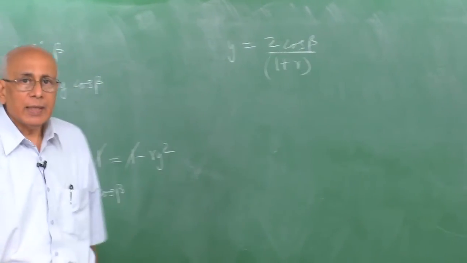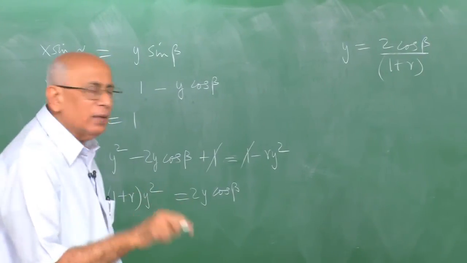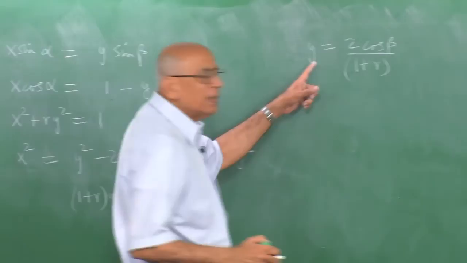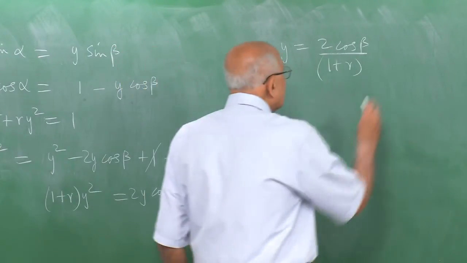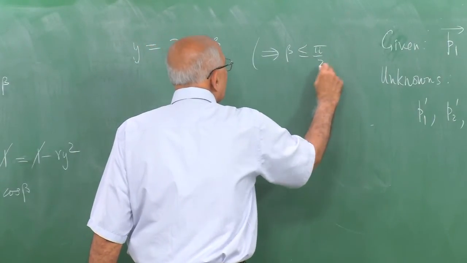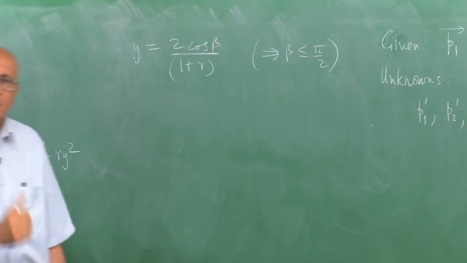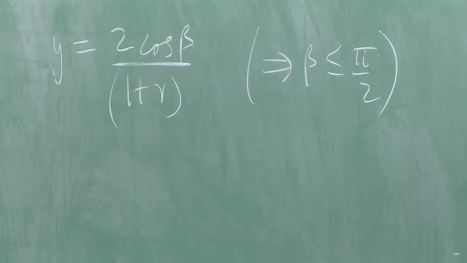By the way, that solution tells us that beta cannot be greater than pi over 2, because then cos beta is negative, but y is the ratio of the magnitudes of two vectors and cannot be negative. So this automatically says that beta cannot scatter in the backward direction. So it's nice that it's coming out automatically.